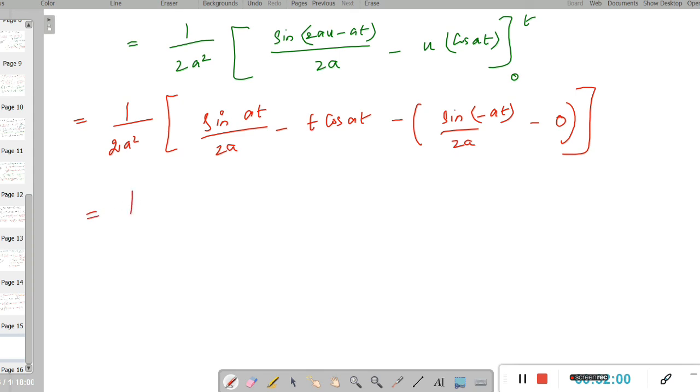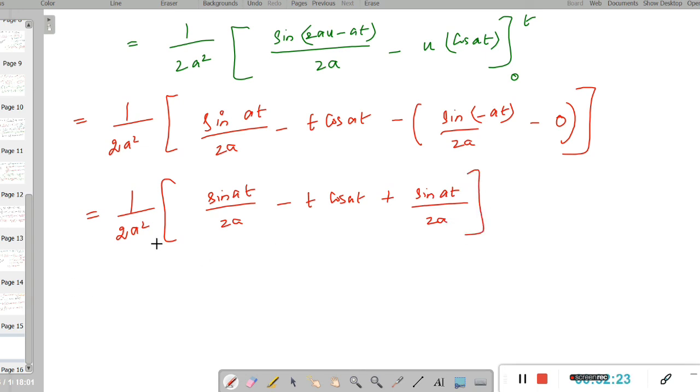So 1 by 2A square, sine AT by 2A minus t cos AT. So sine minus AT is equal to minus, so minus minus you may get plus sine AT divided by 2A.